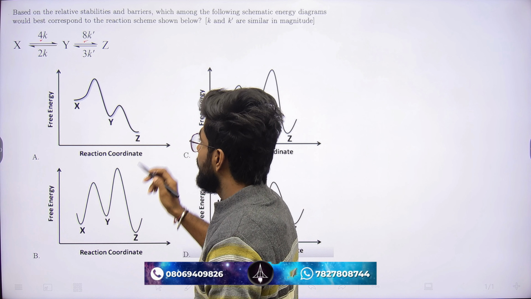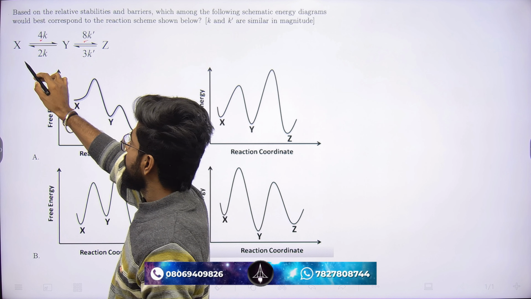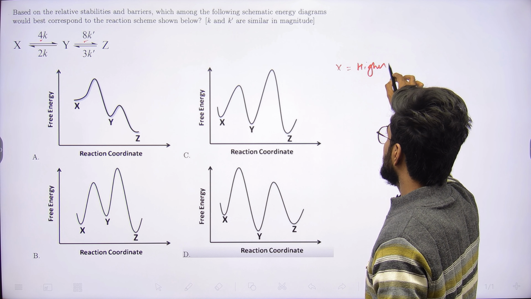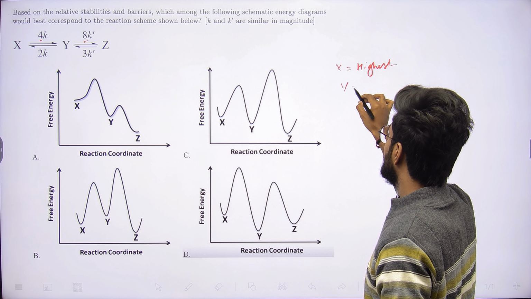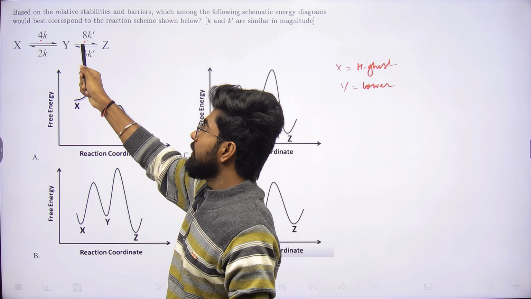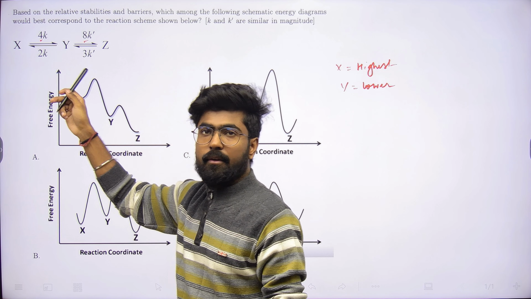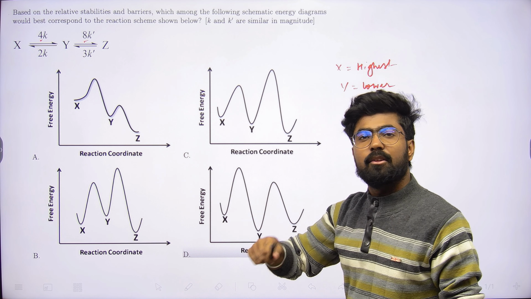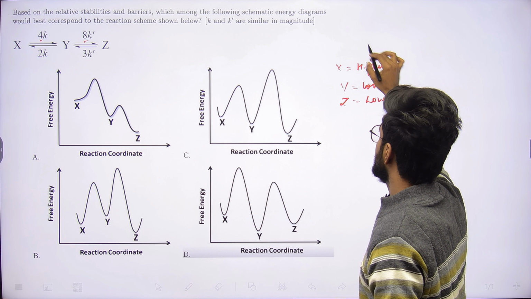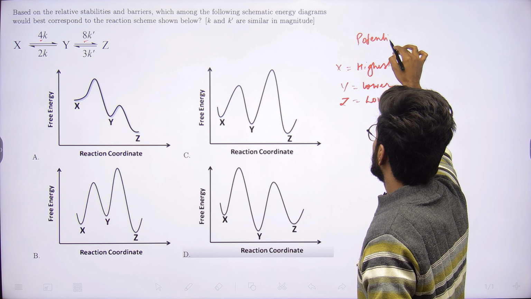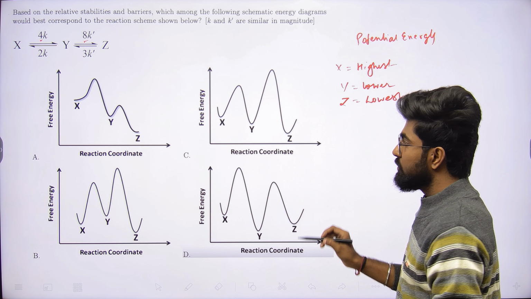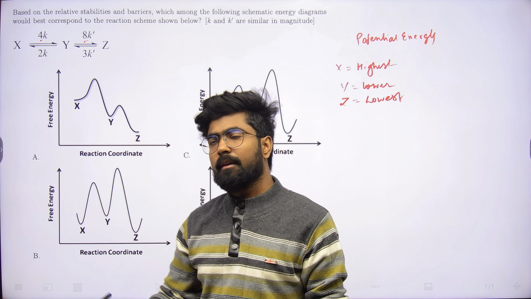So what you can guess is that the free energy or potential energy of X is highest, the potential energy of Y will be lower, and since the rate is double the first one when it goes to Z, it means that Z is even more stable. That is why the reaction is fast. So Z has the lowest potential energy, which means your curve should be gradually decreasing for the values of X, Y, Z in the free energy.